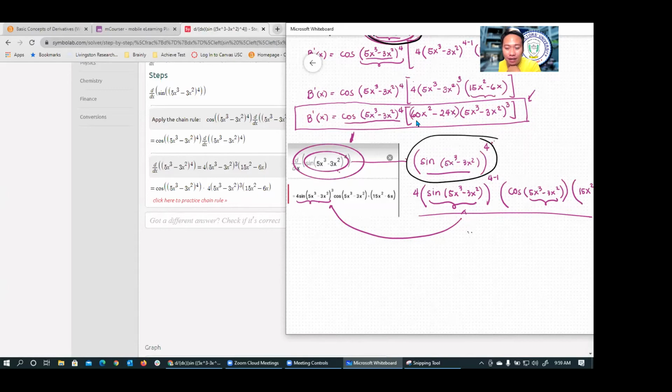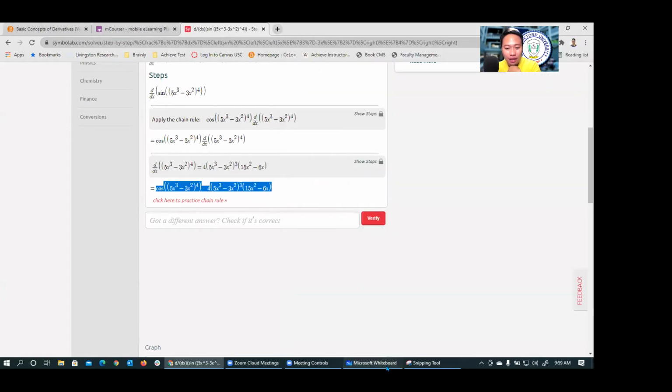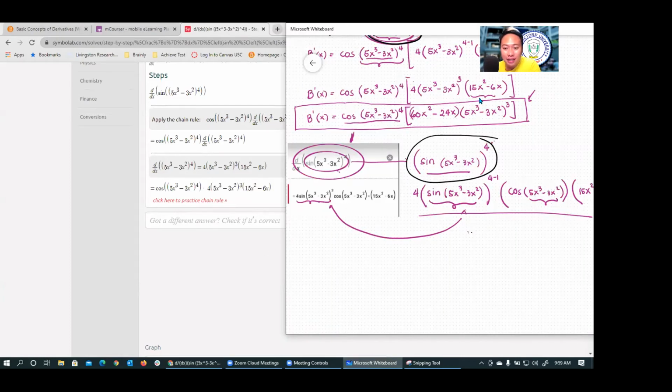So that's why we have 60x to the power of 4, 60x to the power of 2 minus 24x, and then 5x cubed minus 3x squared raised to the power of 3. So look, are they the same now? Look at the given. Are they the same? Yes, sir. They are. So yeah, that's it, guys.